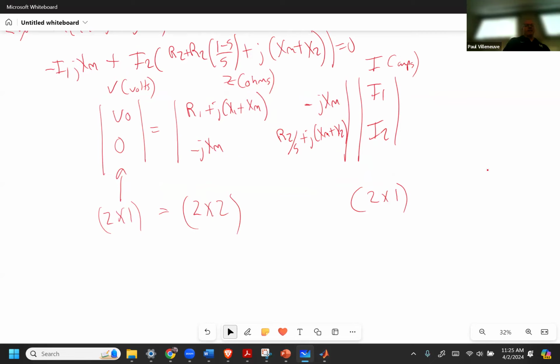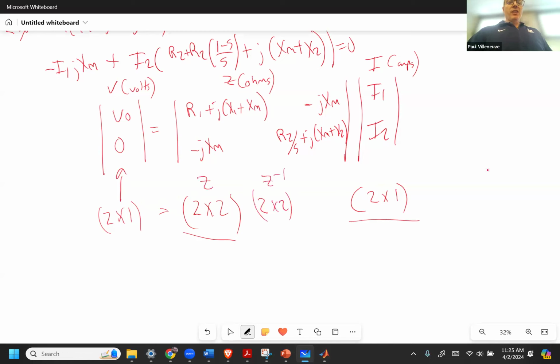And I want to solve for this matrix over here, which means I've got to get rid of this matrix. So if I multiply this by the inverse of this matrix, so this is Z, and if I multiply it by a Z inverse, this is a 2 by 2, this is a 2 by 2, that gets rid of this matrix, correct? But the problem is I multiplied this by a 2 by 2.